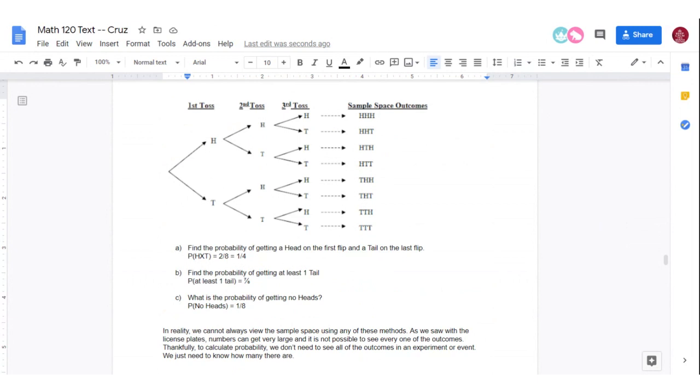There was something else. Those are just the most common ones: the boy and the girl type thing, and coin flips.